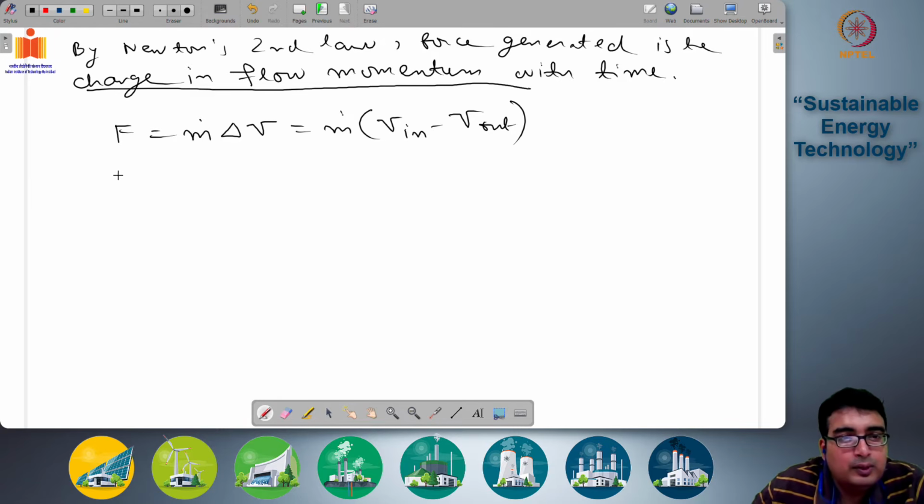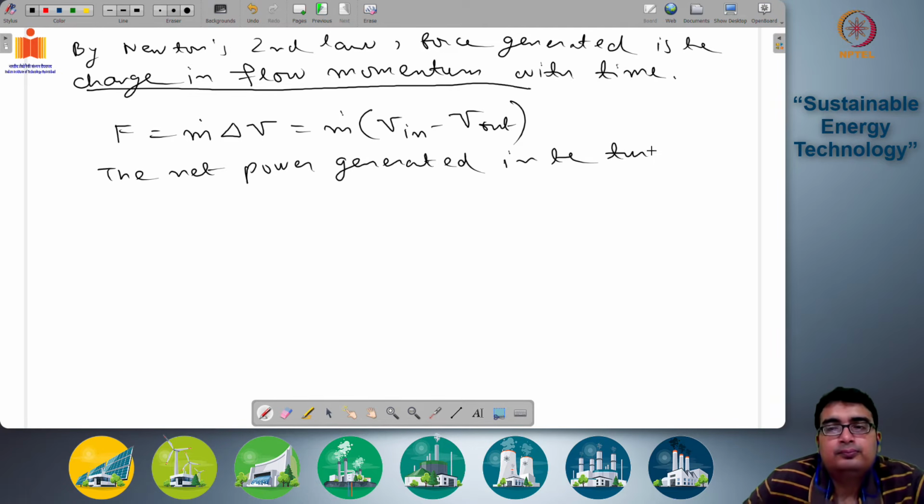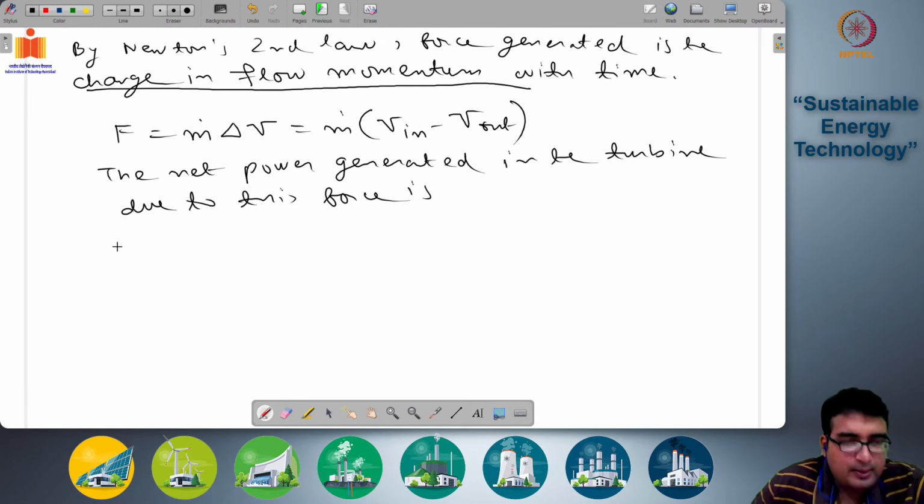Then the net power generated in the turbine due to this force is W dot.